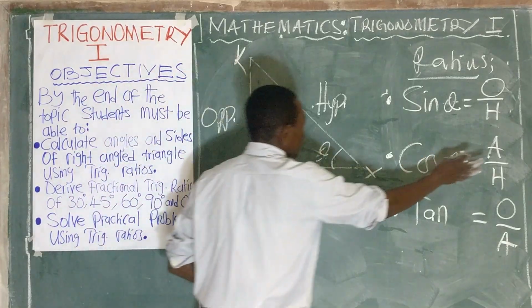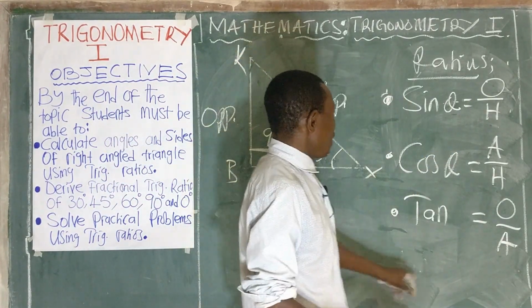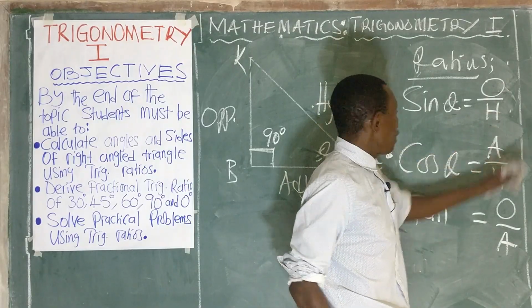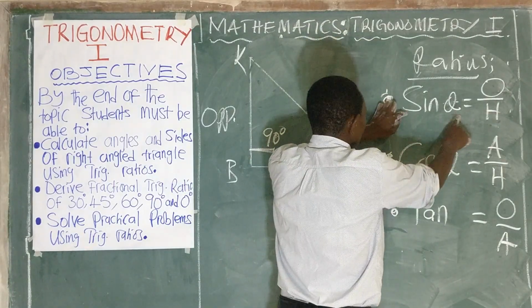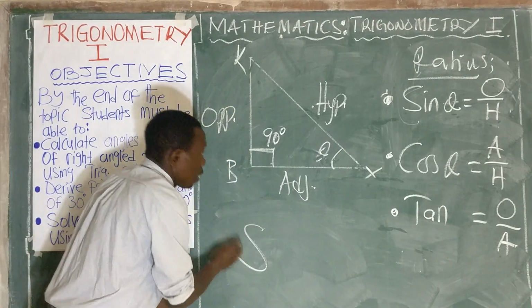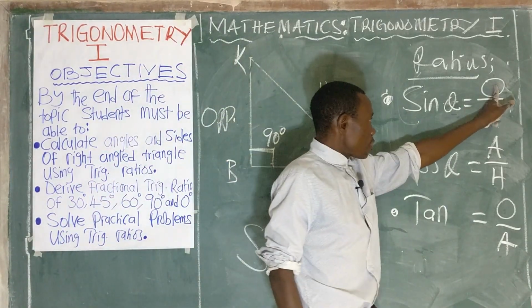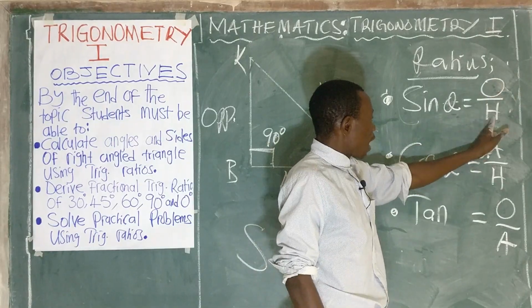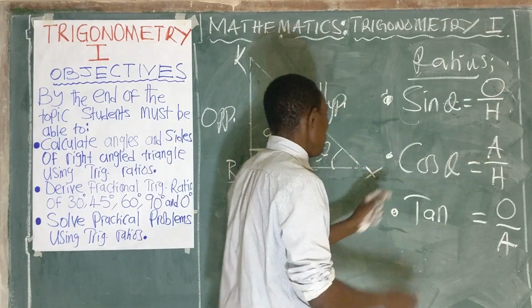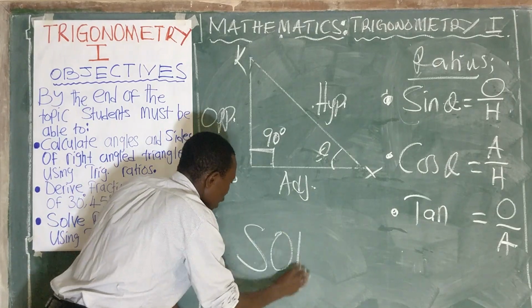Taking the abbreviations, this is opposite, this is hypotenuse. If you consider the sine, we can just consider the S only here and write it as S. S is developed from what? Opposite, we just consider O, hypotenuse, consider H. It means S can be found when you divide opposite by hypotenuse.